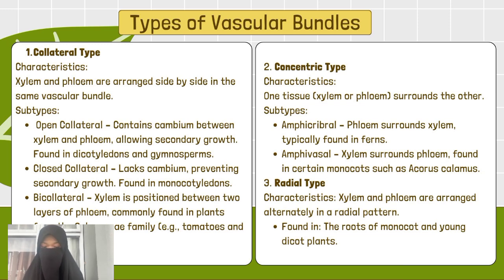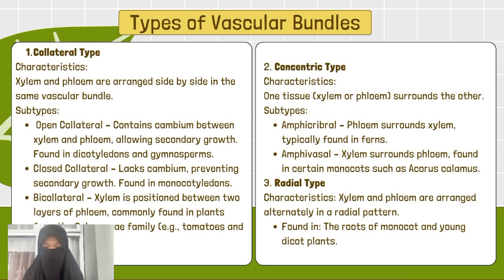Closed collateral lacks cambium, preventing secondary growth, found in monocotyledons. And bicollateral, where xylem is positioned between two layers of phloem, commonly found in plants from the Solanaceae family, like tomatoes and potatoes.